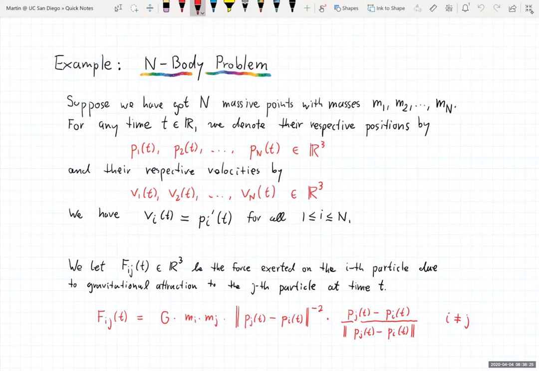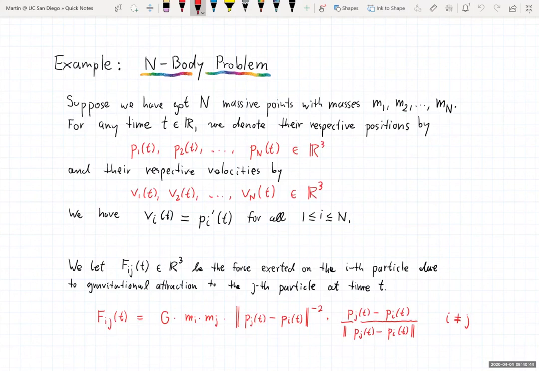So for every point, we have got force vectors for every other point, and each of these forces acts on the ith particle. So if you take a look at the ith particle, then there's a force vector acting on the ith particle for every one of the other particles. And the total force that is exerted on the ith particle is given as follows.